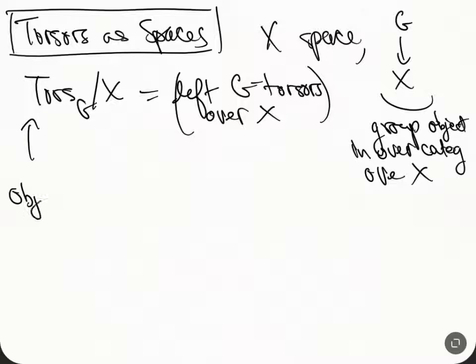So the objects here are these guys. So this is a P. So this is going to be the same category as the category of spaces here. So this is like schemes, maybe schemes over another base, with maps.